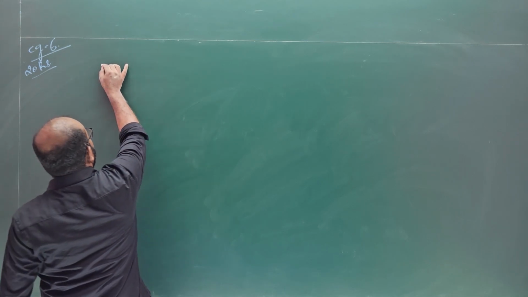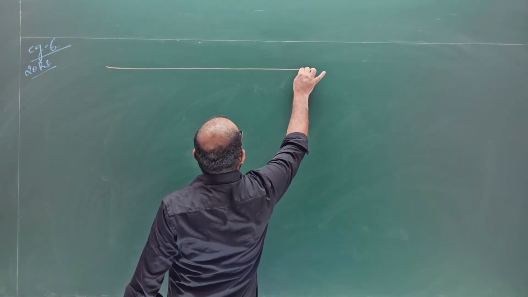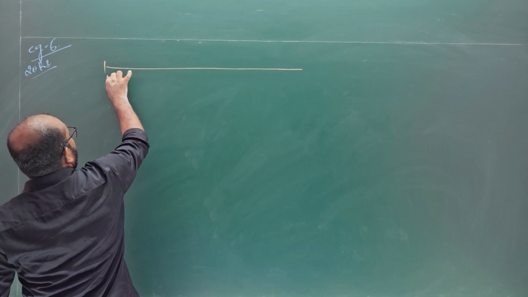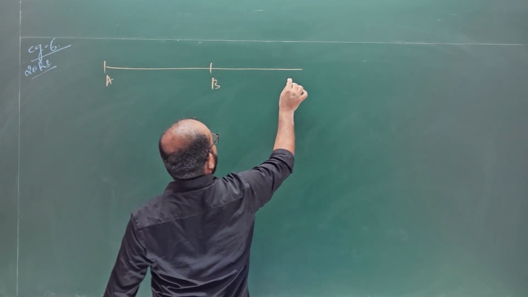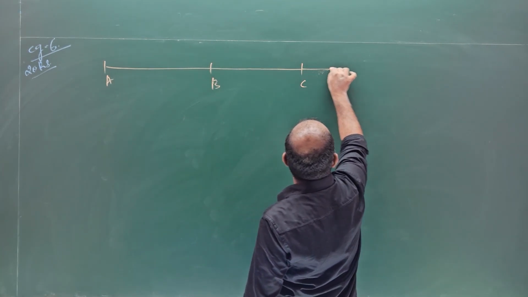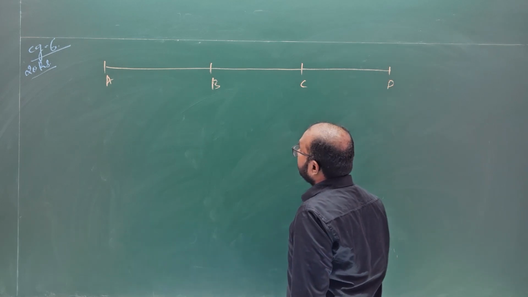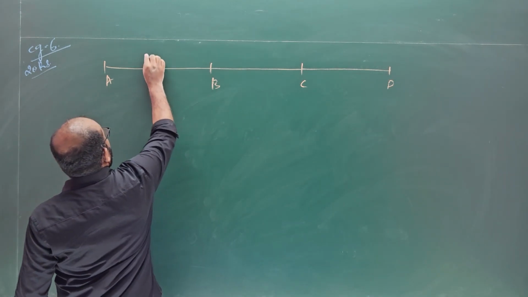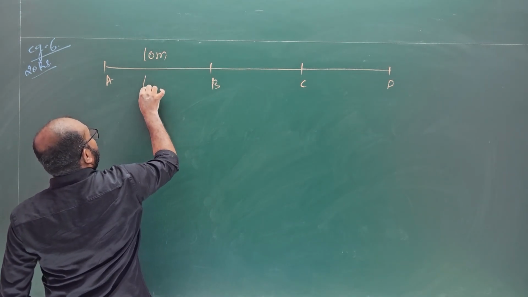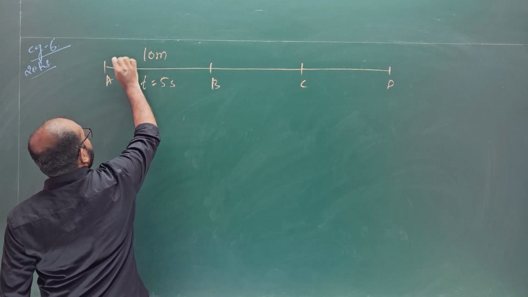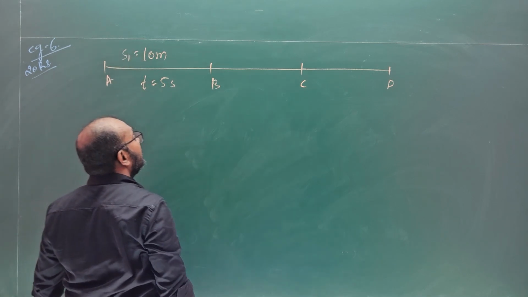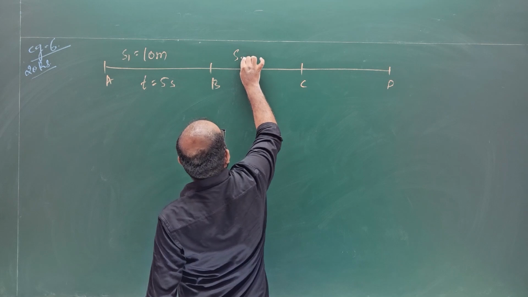So, first thing, drawing the FBD, A to B, then B to C, then again C to D. Body traveled 10 meter in this 5 seconds. So can I say S1? Then similarly S2.